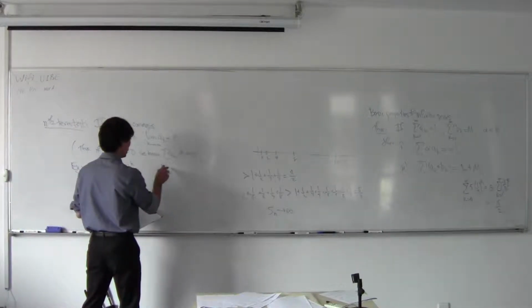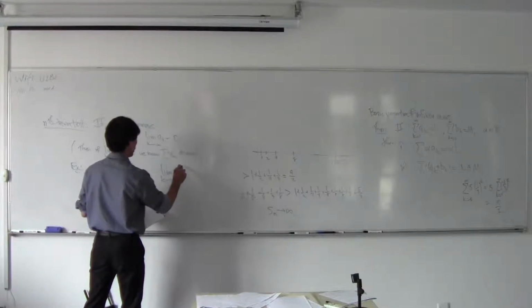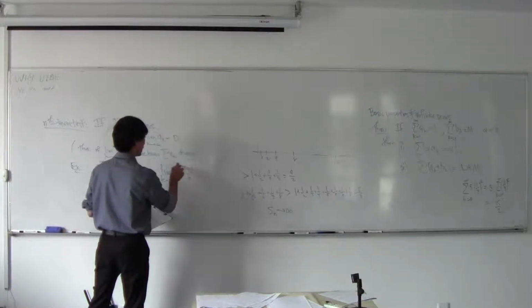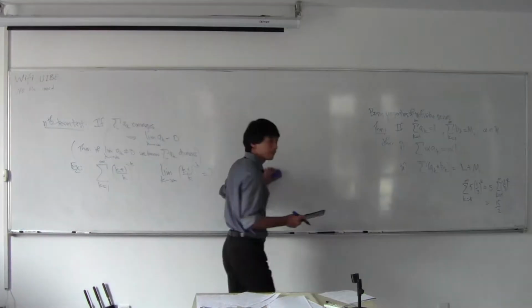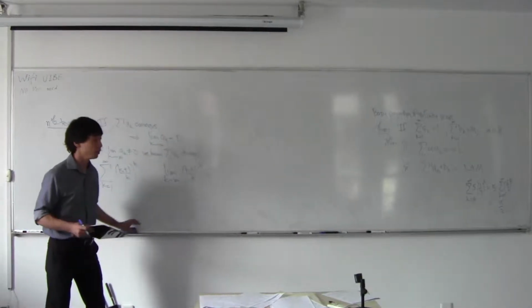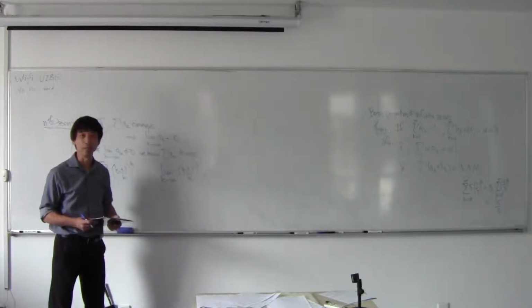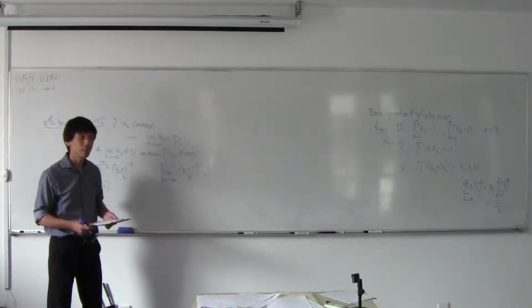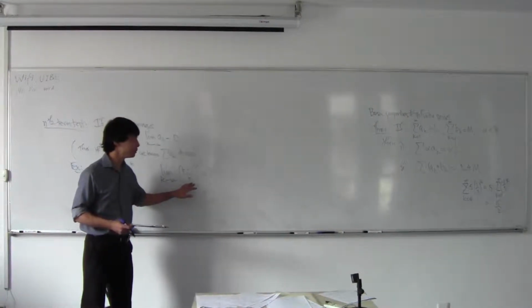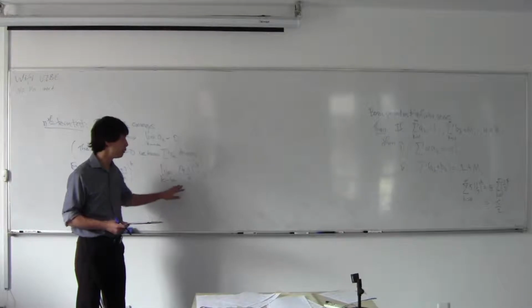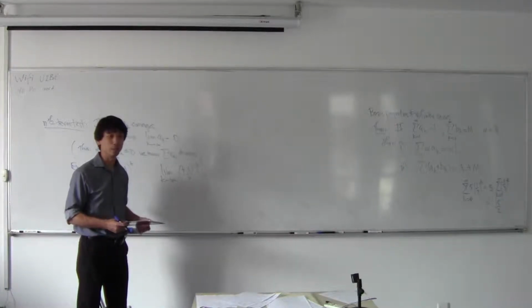So if you take the limit as k goes to infinity of (k plus 1 over k) to the k, what's that? What happens to this thing as k goes to infinity? No, it doesn't turn into 1, but does anyone know?